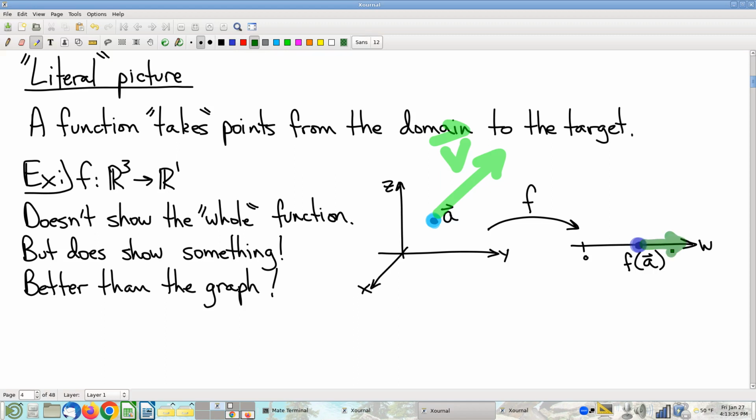So a reasonable question to ask is, if I'm at this point, where I know what the temperature is, and I'm moving with some velocity in the domain, that'll cause this point to be moving with some velocity in the target. What's the relationship between this input velocity and that output velocity? Very reasonable question to ask.